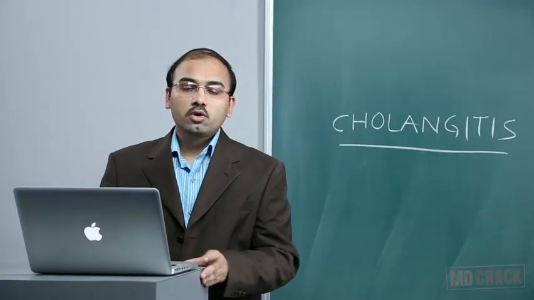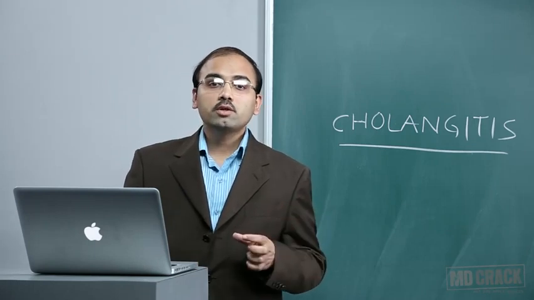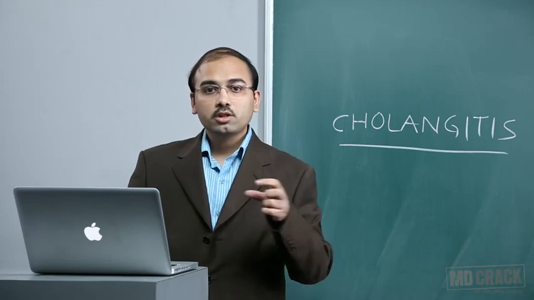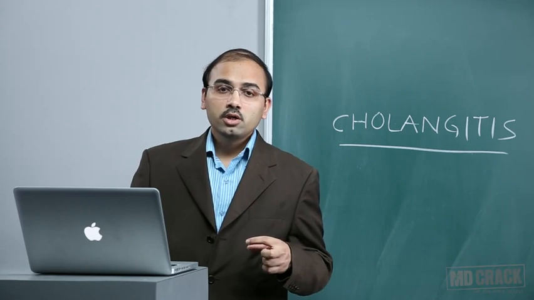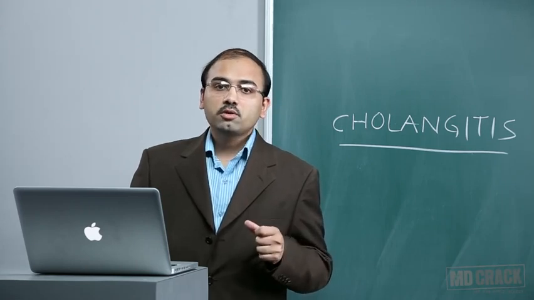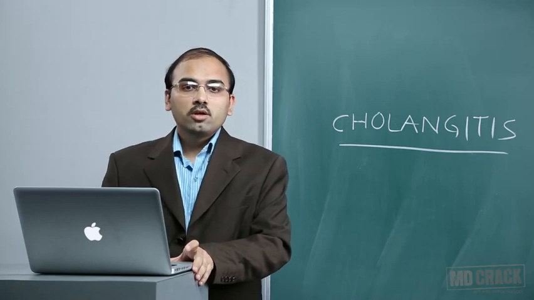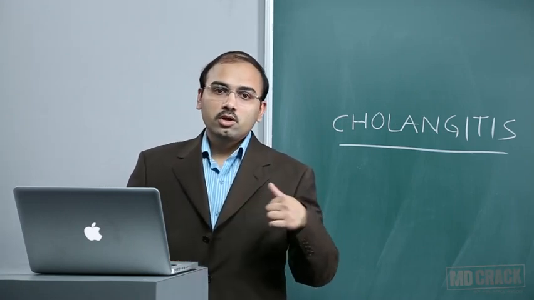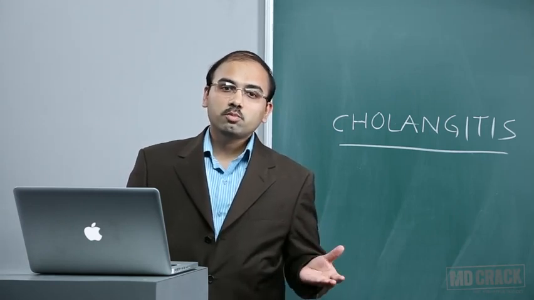If you are given a choice, which of the following situations is likely to present with more chances of cholangitis? They may give you the options partial obstruction of the hepatobiliary tree and complete obstruction of the hepatobiliary tree. It is the partial obstruction which will cause more chances of cholangitis than complete obstruction, because there may be transit of bacteria across the bile duct and the distal small bowel.